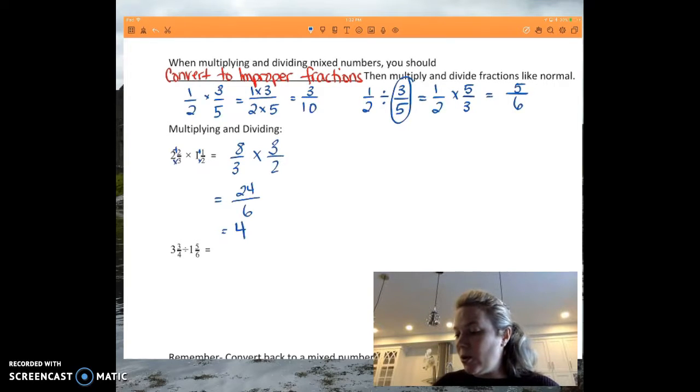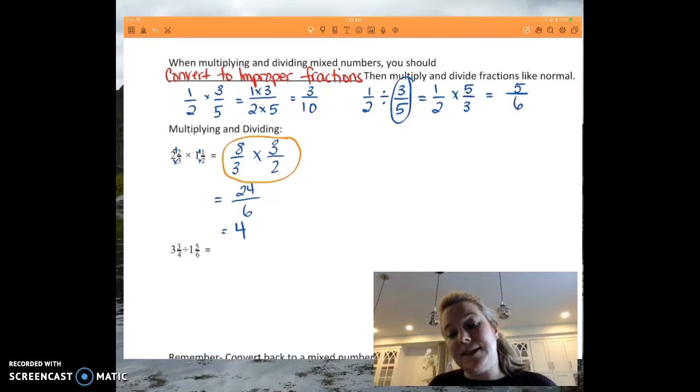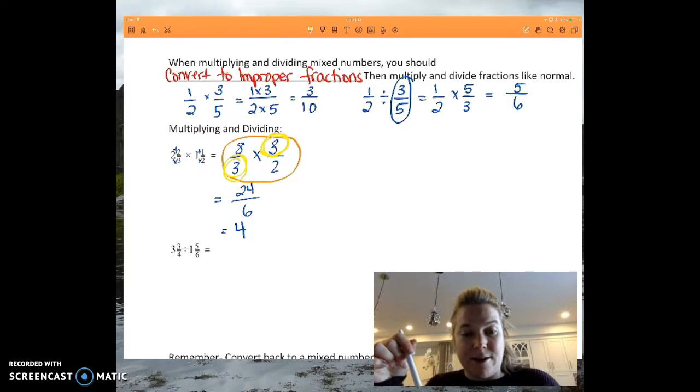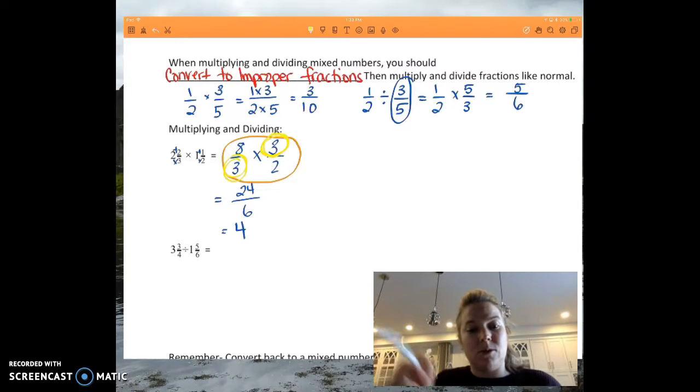Okay, so let's think about this. Let's take a look up here. Is there a way we can make that easier where we don't have to simplify it at the end? What you want to notice is this 3 and this 3. You'll notice that they're above and below the division lines. When they're above and below the division lines, we can do something called cancellation, okay? So we can cancel those 3's.